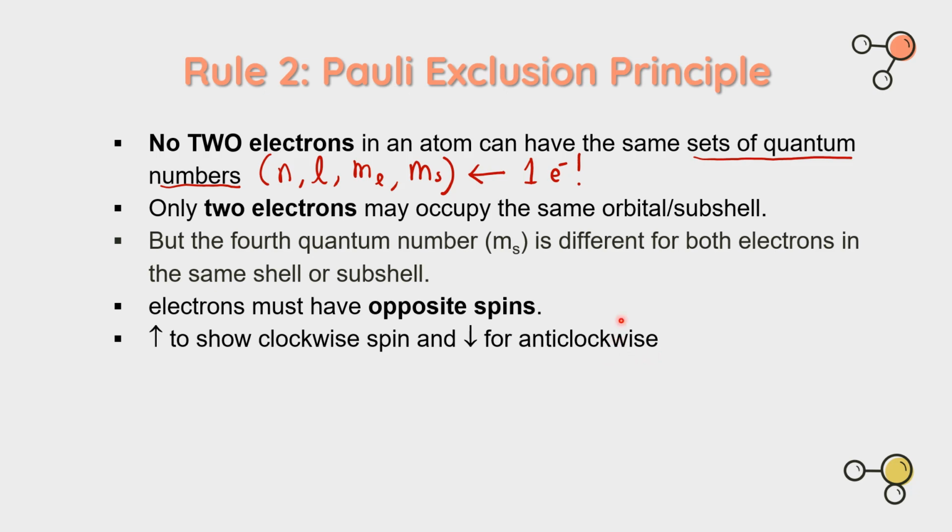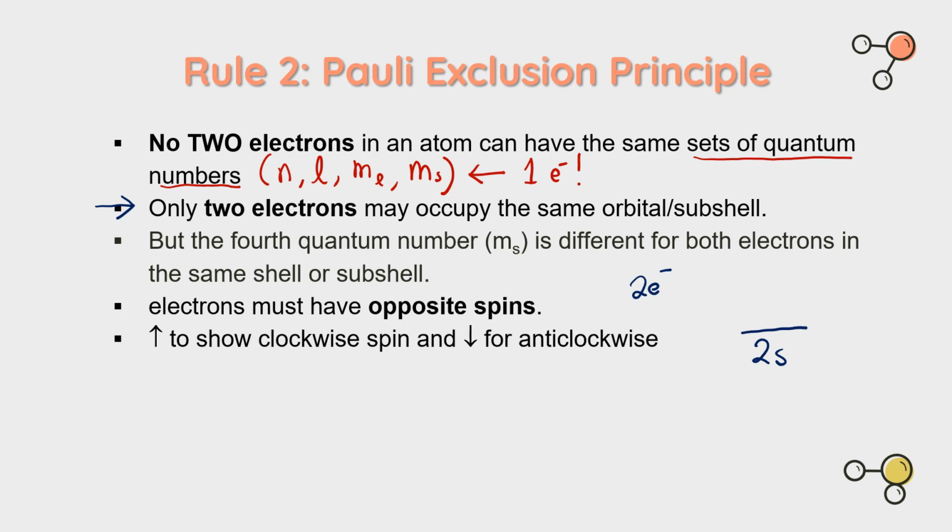So what do all these statements mean? For example, let's say we have a 2s orbital. In this 2s orbital, you are going to fill two electrons. In order to fill these electrons, you have to make sure that only two electrons may occupy the same orbital or subshell.